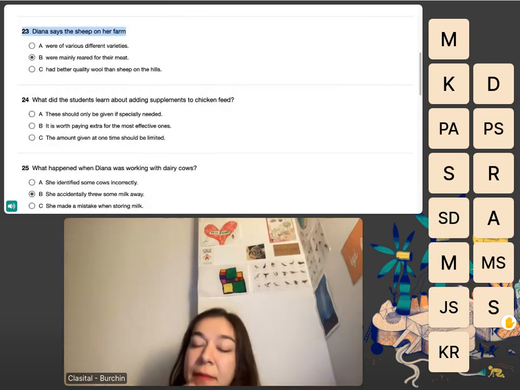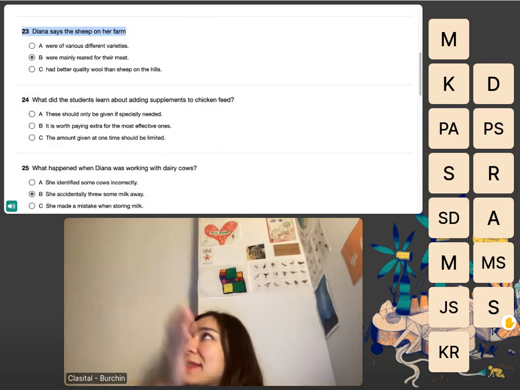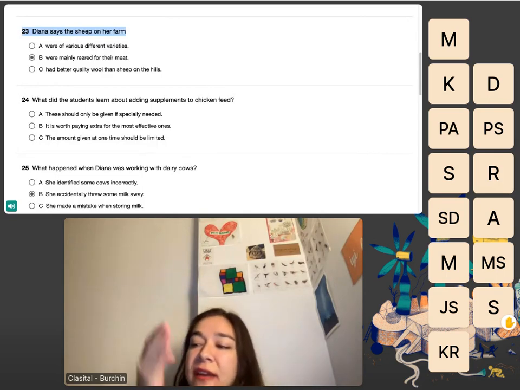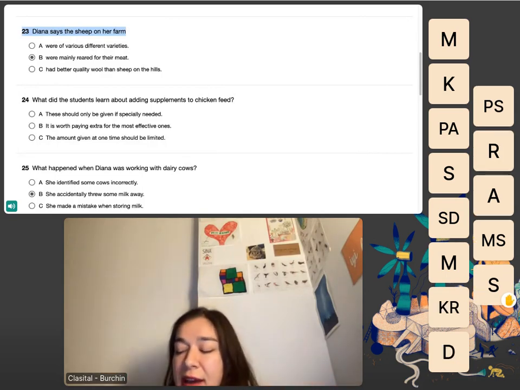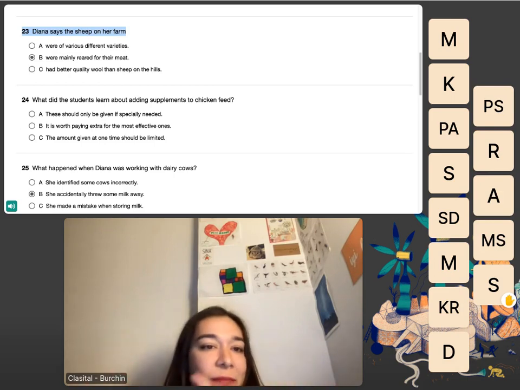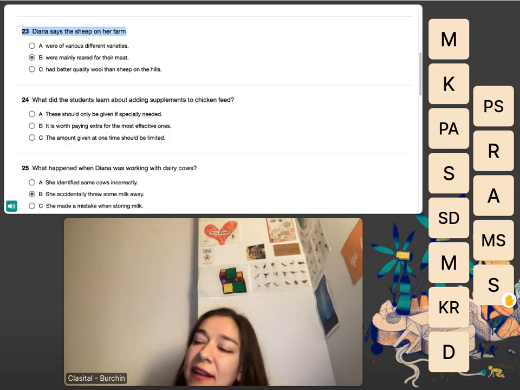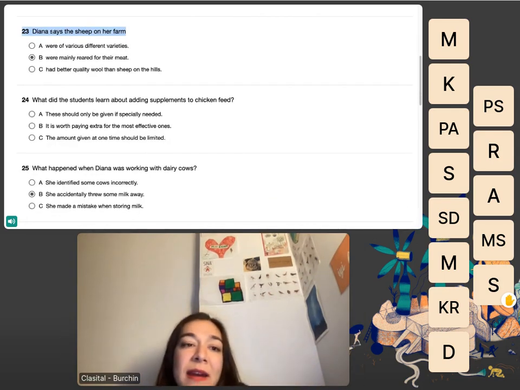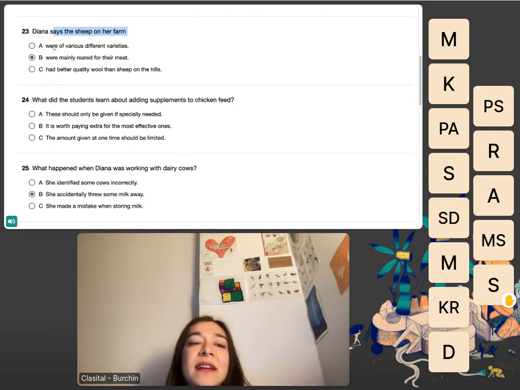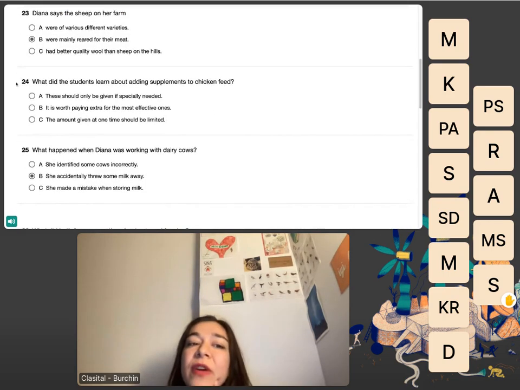It says that maybe once there was one kind of cow, then it finished, then a new variety of cow came. So it came one by one, but in here it says different things, and it says they were mainly reared for their meat.